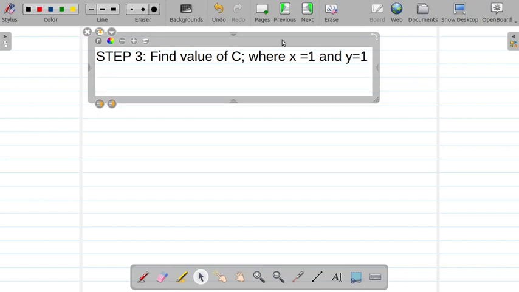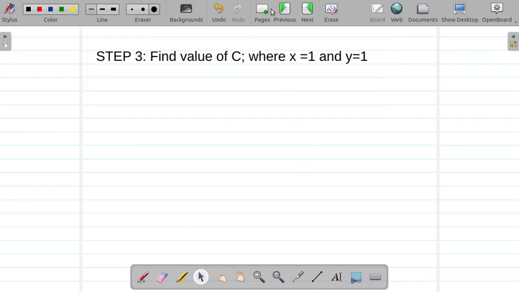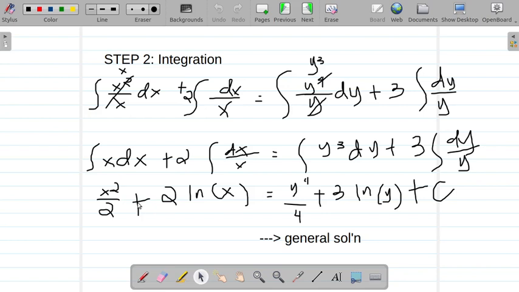So sa general solution, substitute lang nato ang value ni x o value ni y sa kaning equation sa general solution.